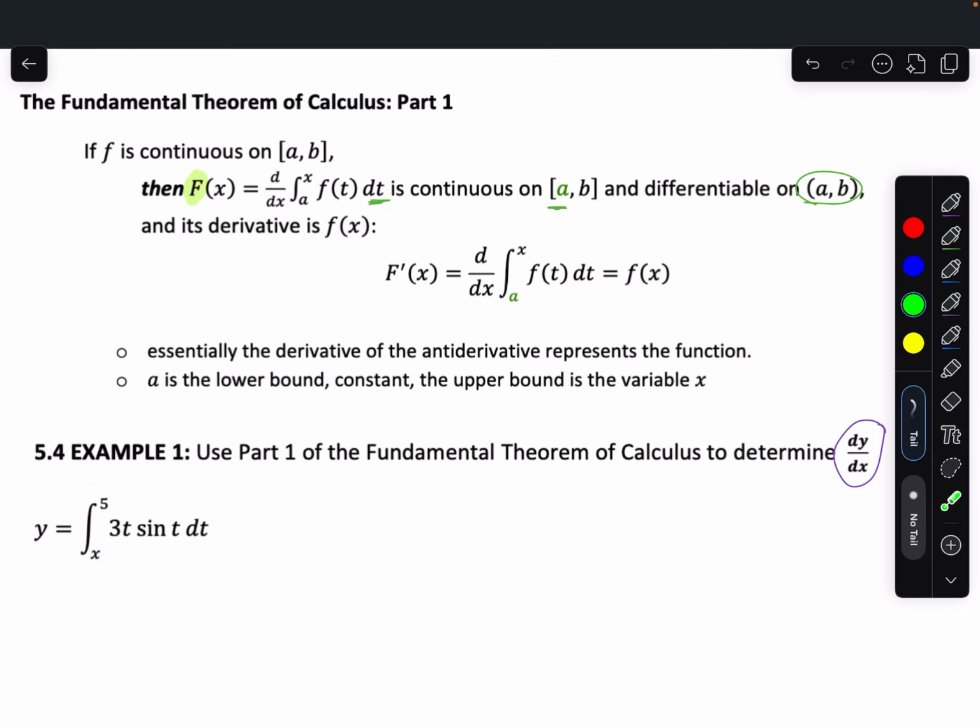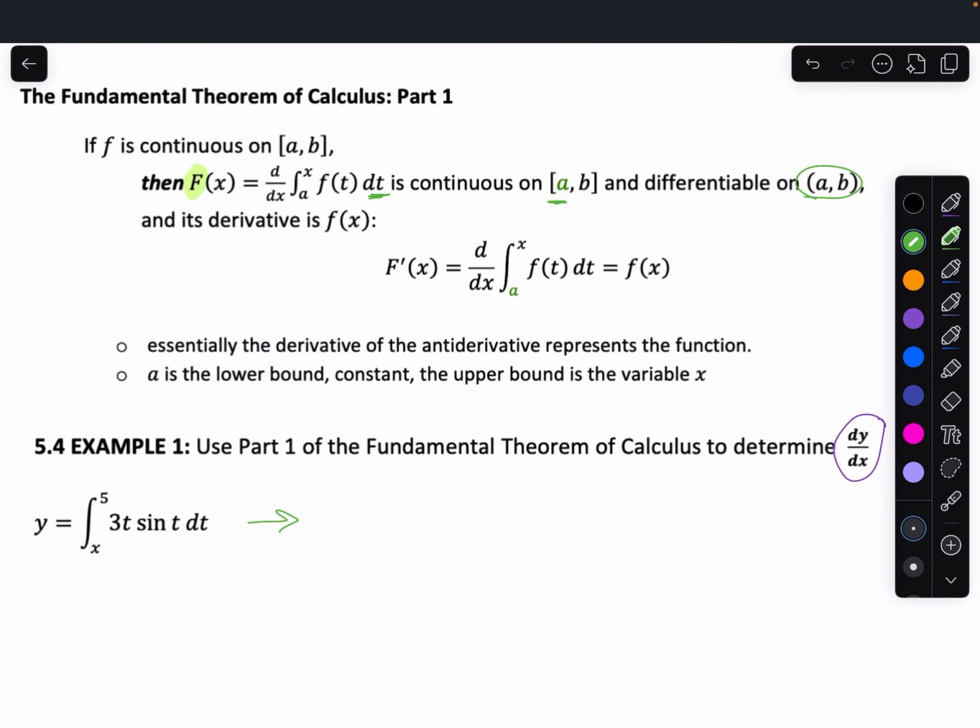So in order to make this look like what we have up above, I need to differentiate. I need that derivative with respect to x in front. So in order to do that, I'm going to differentiate the function. So d dx of, and we have y equals the integral from x to 5 of 3t sine of t dt.